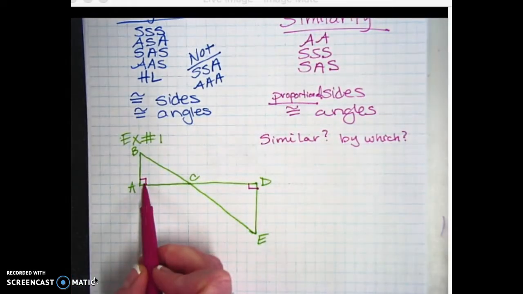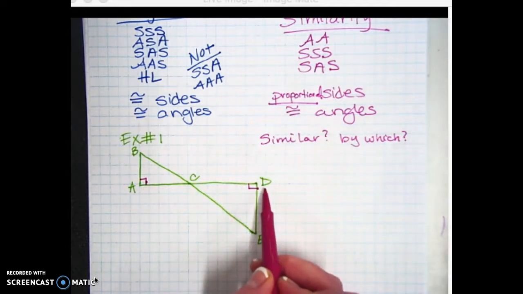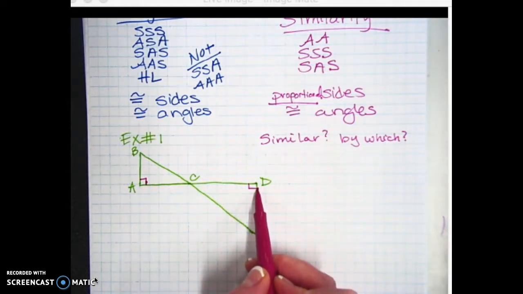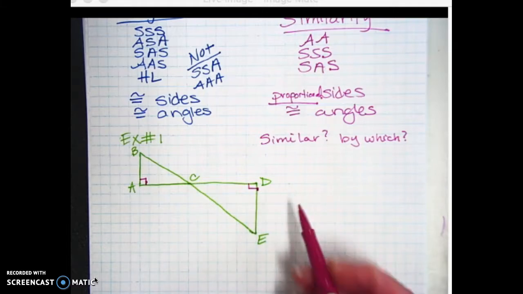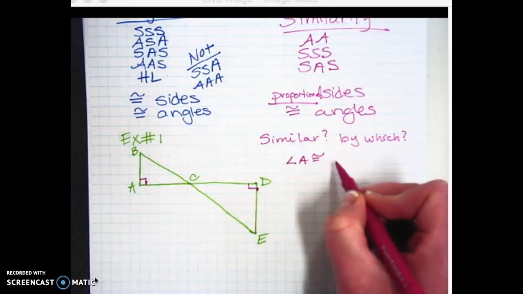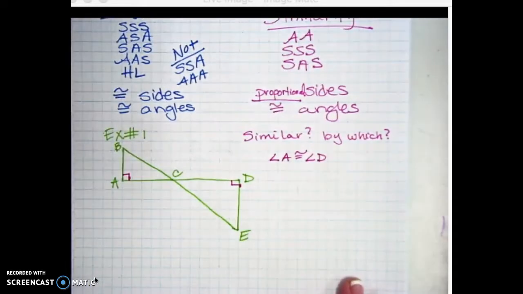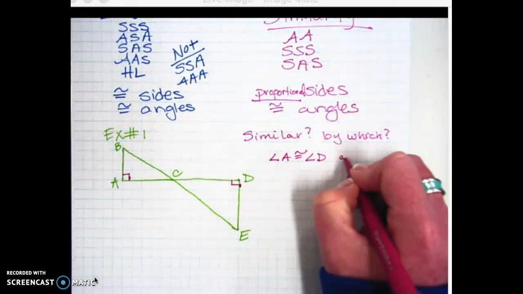First thing we're going to notice is that we do have some marks already. We have angle A with this little box, and angle D with this little box. What does that little box mean? Right angles. So we can say that angle A is congruent to angle D because all right angles are congruent.